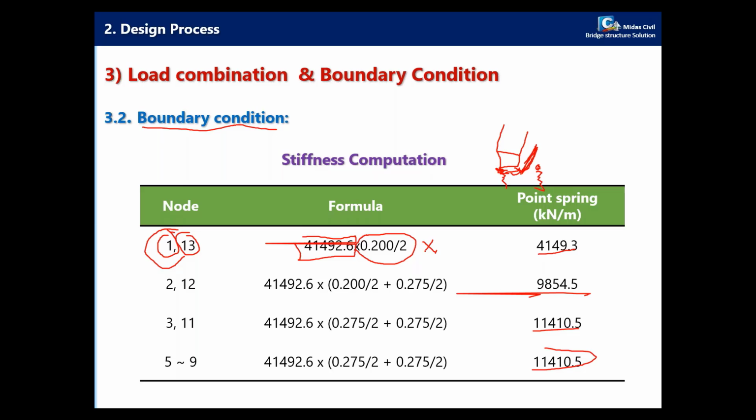As you can see here, you have kilonewton per cubic meter times the width times the 1 meter in that direction just explained. Then you will have the unit for the stiffness, kilonewton per meter. So these values are the stiffness of the springs, and we are going to use them in the modeling.